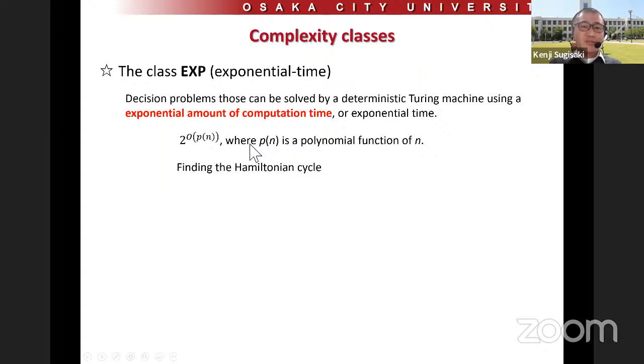So the computational cost is something like 2 to the power of P(n), where P(n) is a polynomial function of n. And a problem included in the exponential class is, for example, finding the Hamiltonian cycle. I will explain this Hamiltonian cycle later.